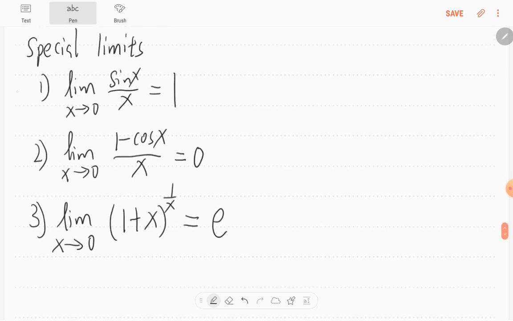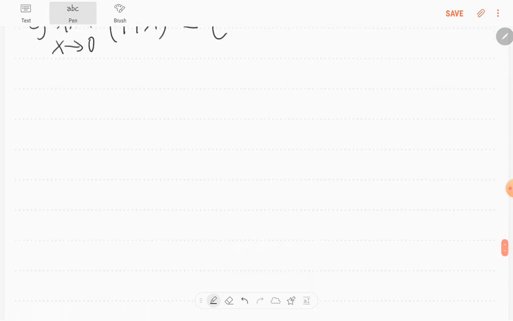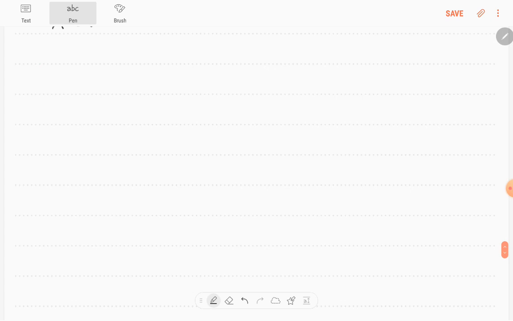So the first one is really interesting. So now let's look at an interesting theorem, which is called the squeeze theorem.